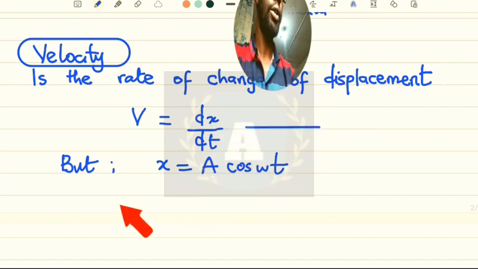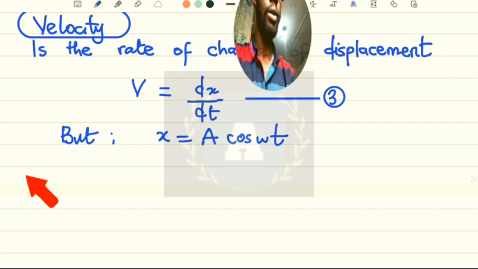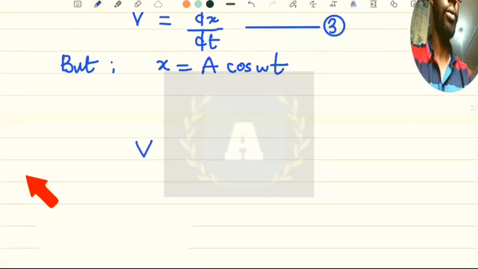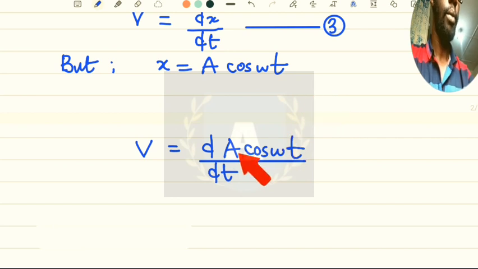Now this equation is very relevant, equation 3. When we substitute x in that, velocity is equal to d, instead of writing x, we write A cos omega t, over dt. Now we can bring this A out so that we can differentiate.